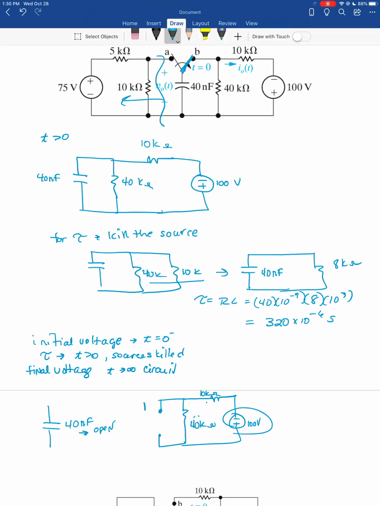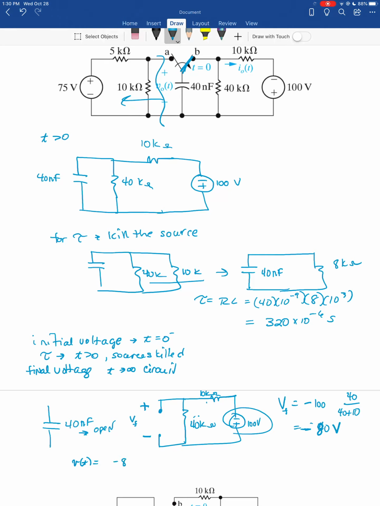This voltage will divide between these two, and based on the way our voltage is labeled and the way our source is pointed, we need to put a negative sign on the final capacitor voltage. So it's minus 100 times 40 over 40 plus 10 using the voltage divider. That looks off: 40 over 50, so 80 volts, and it's negative.